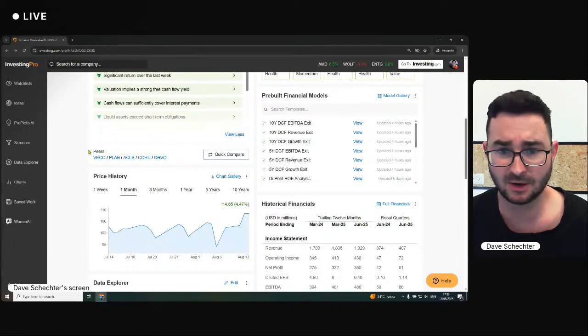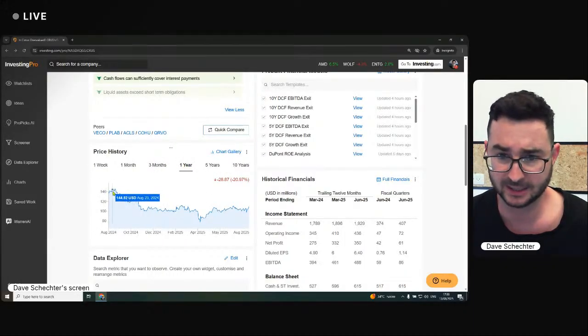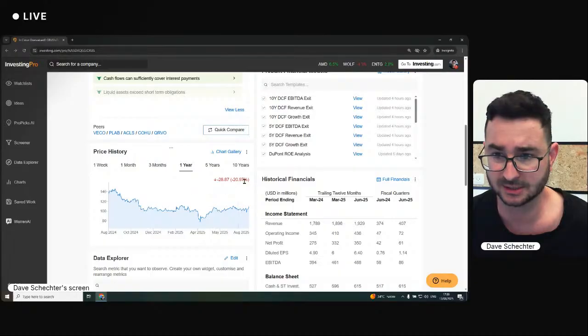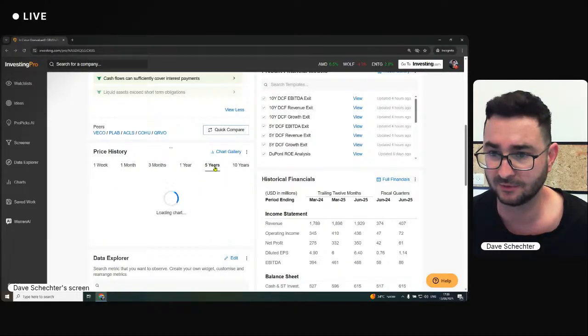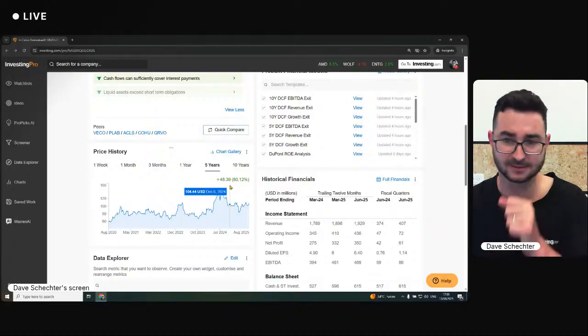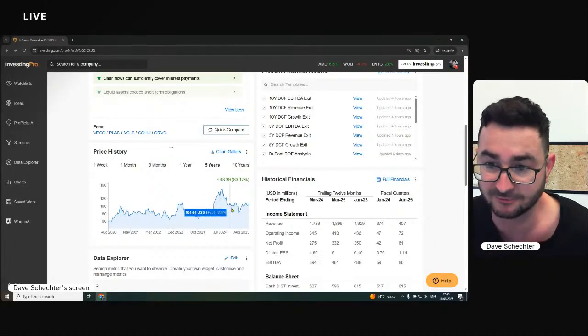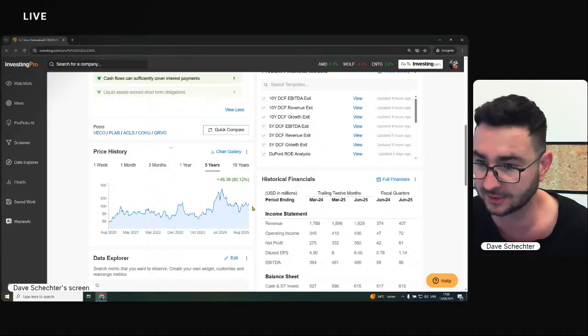And then directly below all this, we have the price history with all these different windows. So for example, we can see that Cirrus Logic is down almost 21% over the past year. Over the past 5 years, it's up, excuse me, almost 80%. So there is a little bit of more recent volatility that's been going along with the stock.